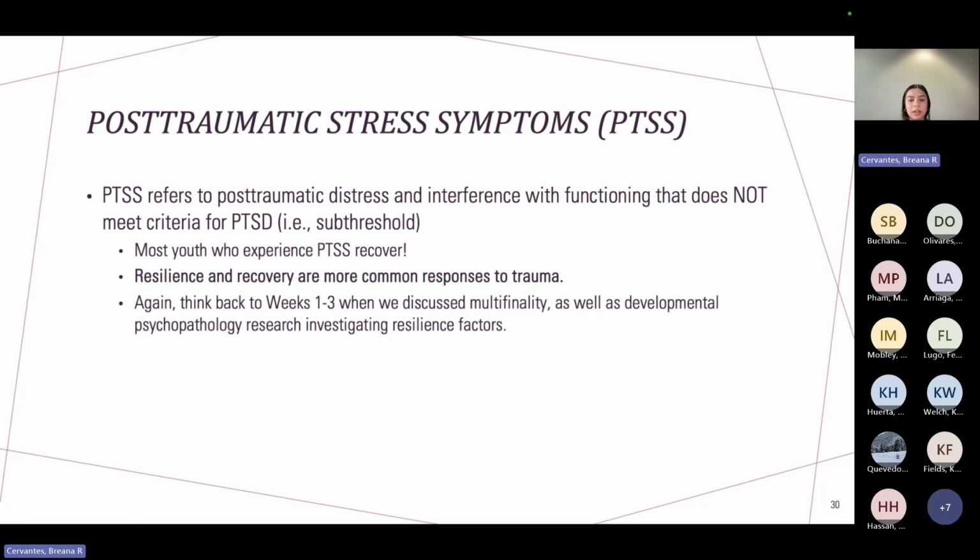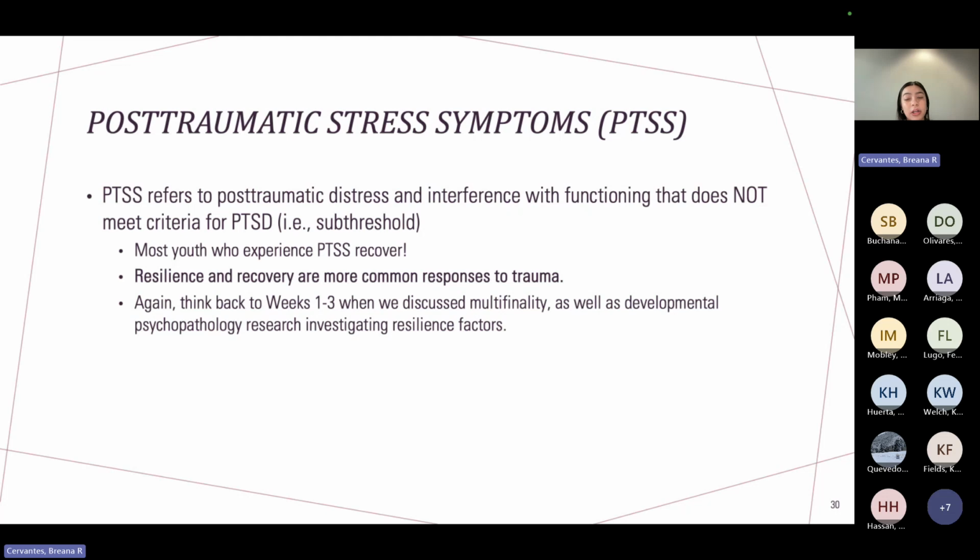I think something that is just nice to remember, and I touched on this earlier on Monday when we talked about multifinality, is this idea of post-traumatic stress symptoms, PTSS, which is something you see a lot in research. This term refers to when the post-traumatic stress and interference with functioning is there, but it doesn't quite meet criteria for PTSD.